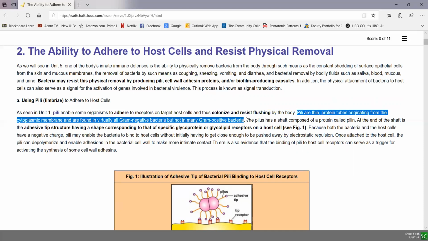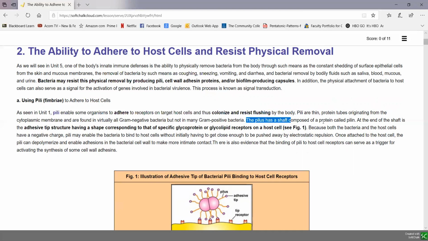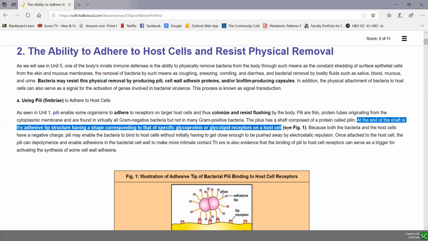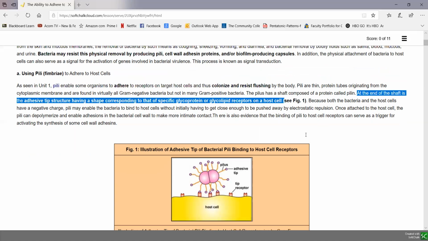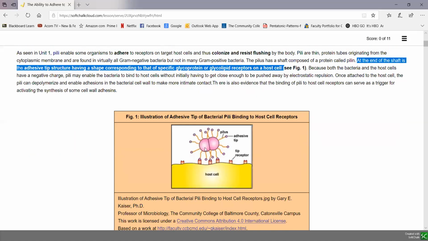Now remember, the pilus has a shaft composed of a protein called pilin, but at the end of the shaft is an adhesive tip structure, a sequence of amino acids that has a shape corresponding to the shape of specific glycoprotein or glycolipid receptors on our cells, as we see in Figure 1. So again, here we see the shaft of the pilus in yellow, and then the adhesive tip at the end that has a shape that fits a specific receptor on a specific type of host cell.